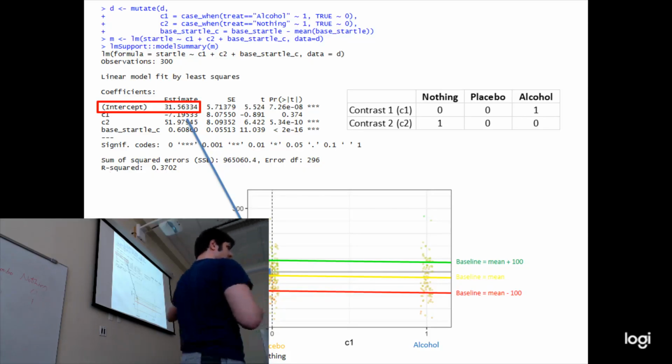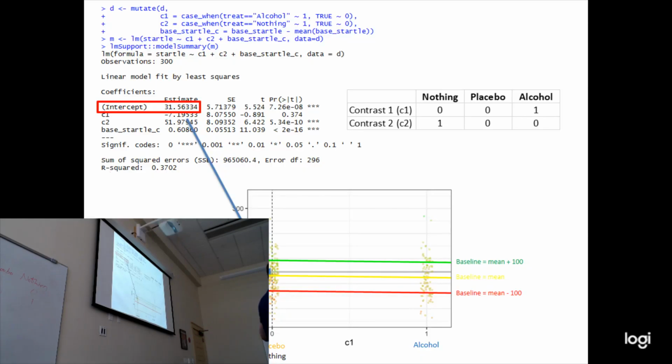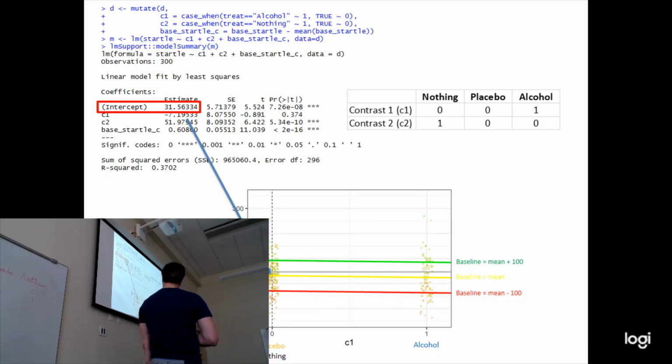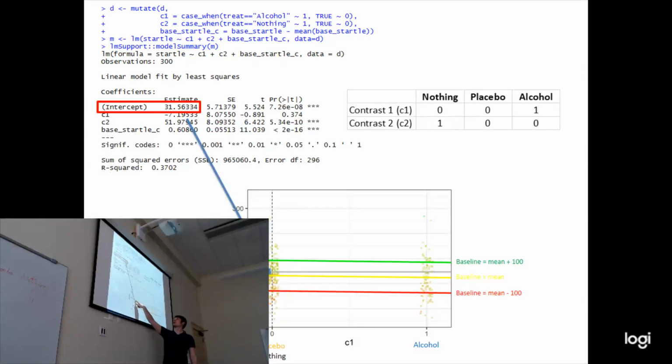So whenever you're thinking about the intercept, it's the predicted value at 0 in all of your predictors. While for C1 and C2, 0 is the placebo group. And I've also centered our covariate. So the center of the placebo group will be somewhere around here, where the yellow line crosses the dotted line.